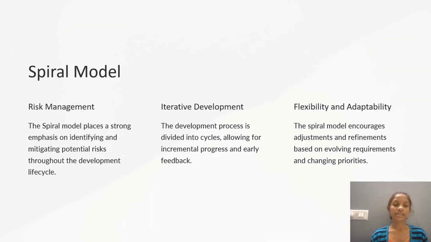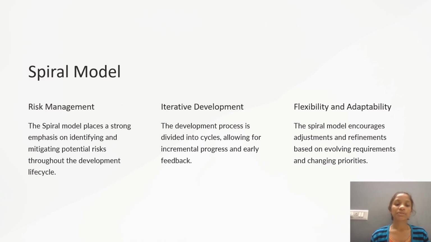The next method is the spiral model. This is a model where we keep on repeating and updating things in the product. It is more efficient in risk management, iterative development, and flexibility and adaptability.